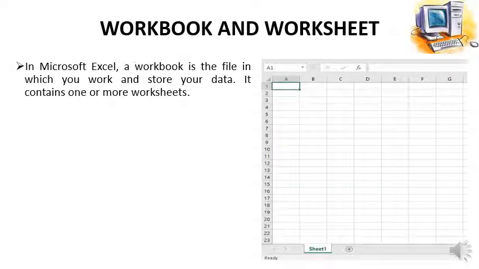Now, workbook and worksheet. In Microsoft Excel, a workbook is the file in which you can work and store your data. It contains one or more worksheets. It means that a workbook contains many worksheets.